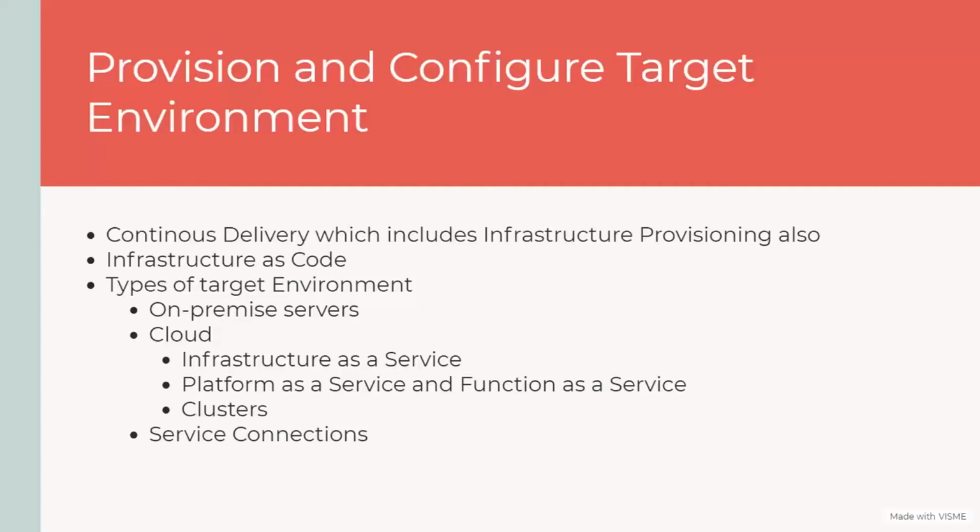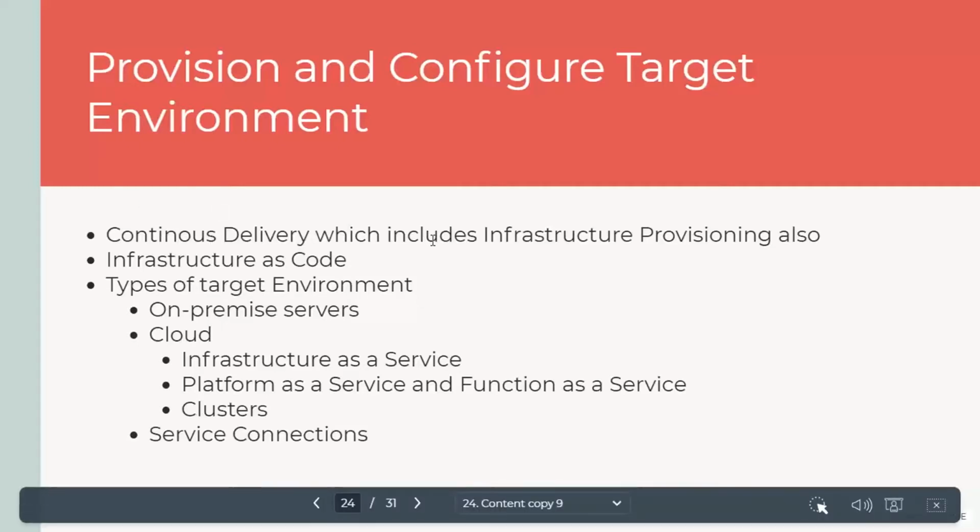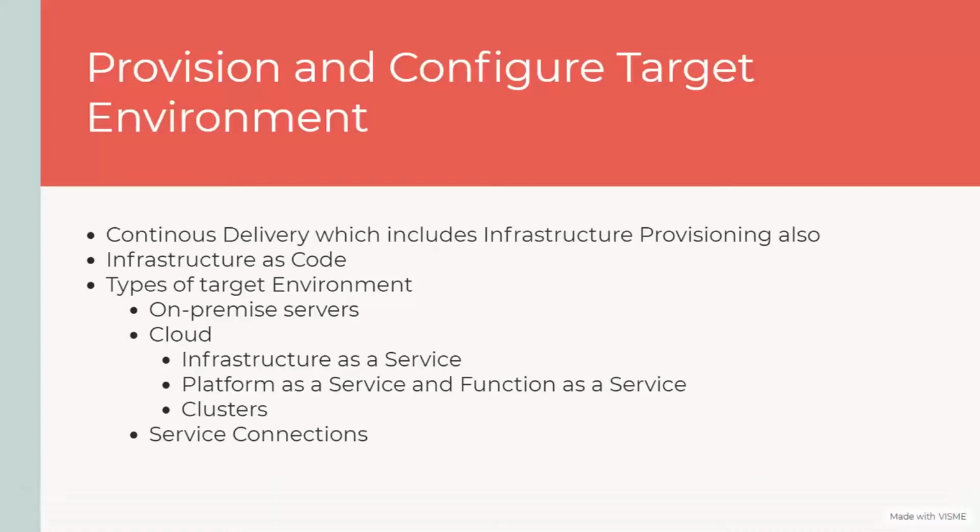And once the environment is up, then we can copy the application deployment to the infrastructure. As part of continuous delivery, not only the application deployment, we have to take the underlying resources also, like the infrastructure and any kind of firewall rules.